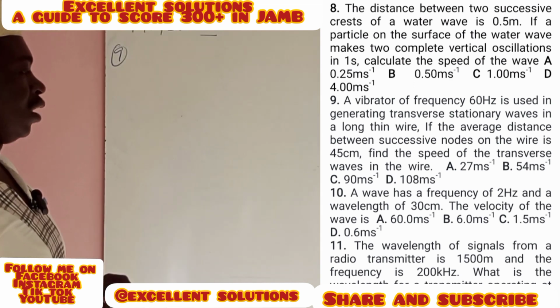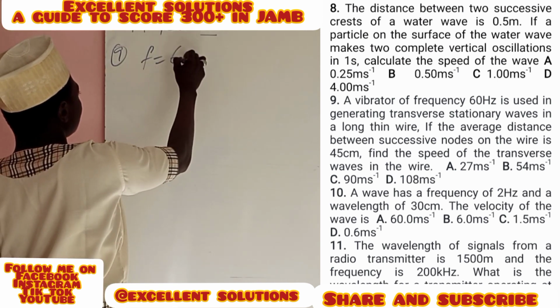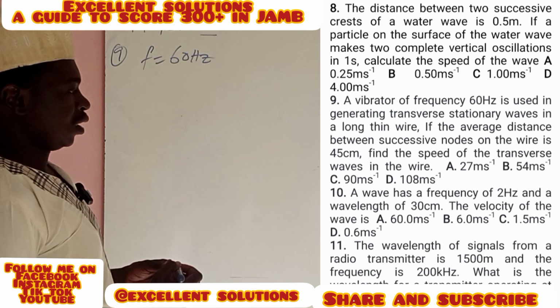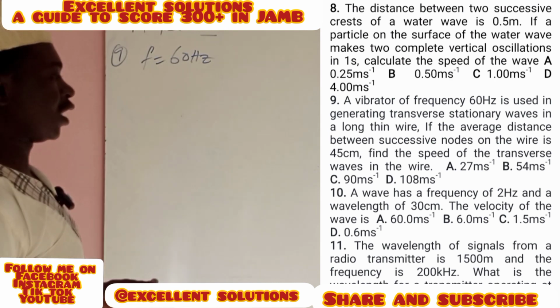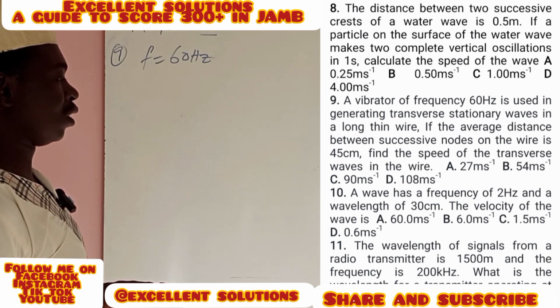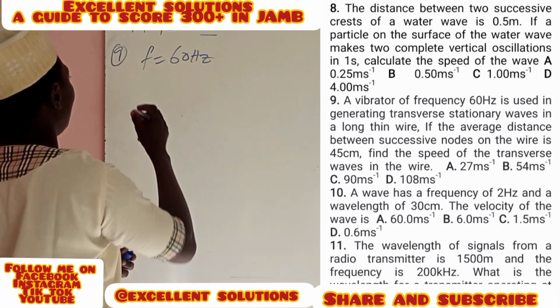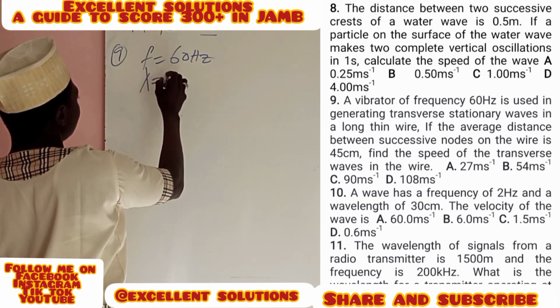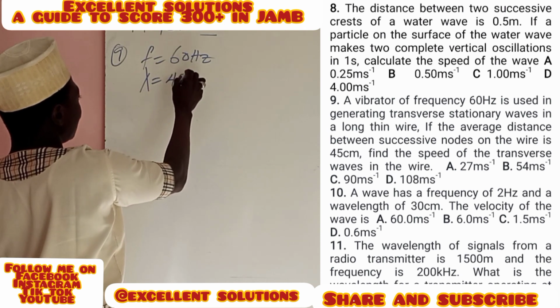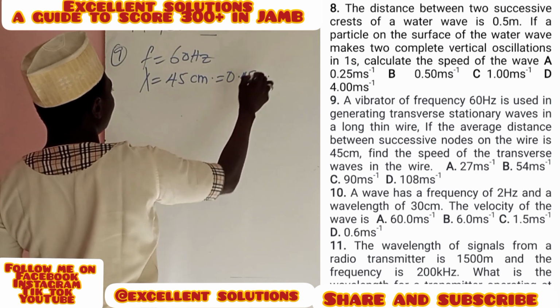The next question is question 9. It says a vibrator of frequency 60 Hz, so F equals 60 Hz, is used in generating a transverse stationary wave in a long thin wire. If the average distance between successive nodes of the wave is 45 centimeters, find the speed of the transverse wave. Our wavelength is 45 centimeters, which is 0.45 meters.